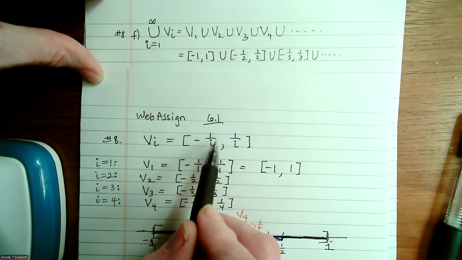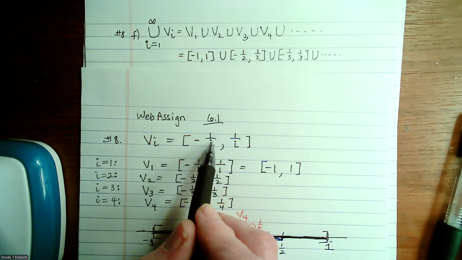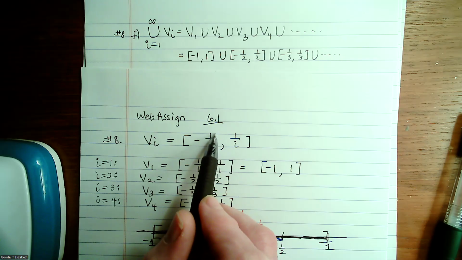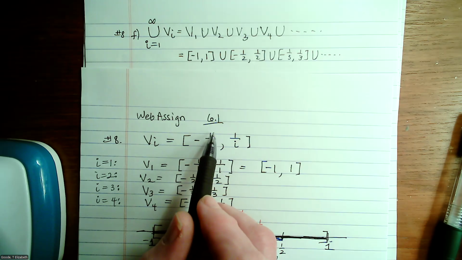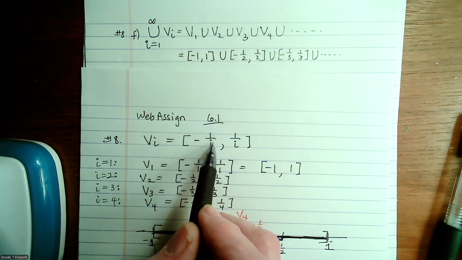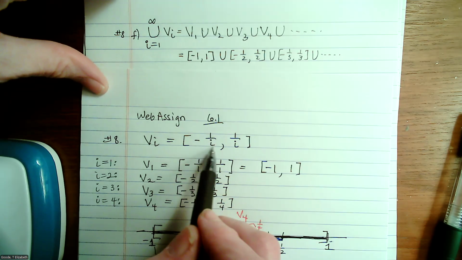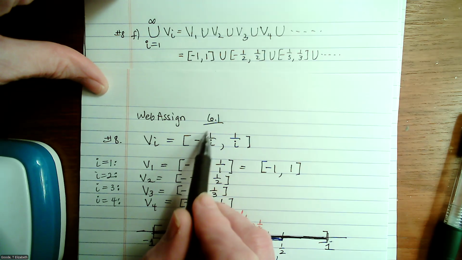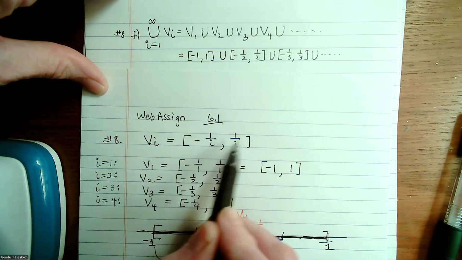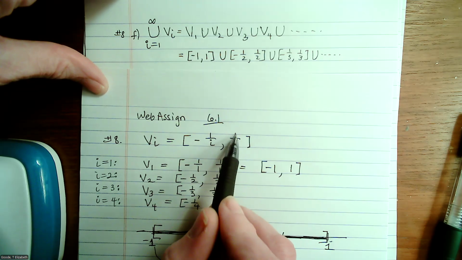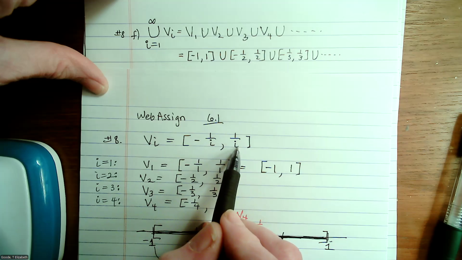Well, 1 divided by something huge, just think about it. 1 divided by 100 is small. 1 divided by 1,000,000 is teeny tiny. 1 divided by a gazillion is infinitesimally small. In fact, this starts to be very close to just being 0. And so does this. As i gets large, 1 over i approaches 0.